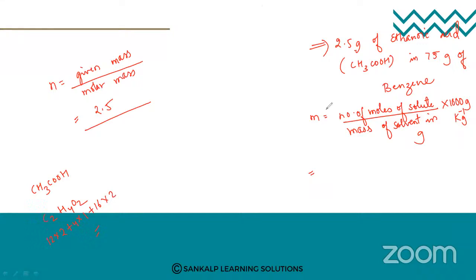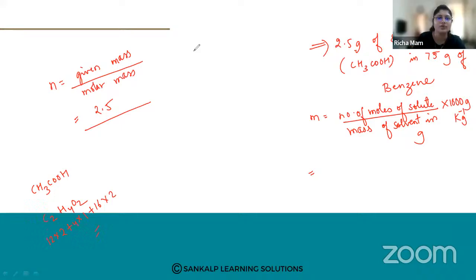Taking the atomic mass of each element, it comes to 60.